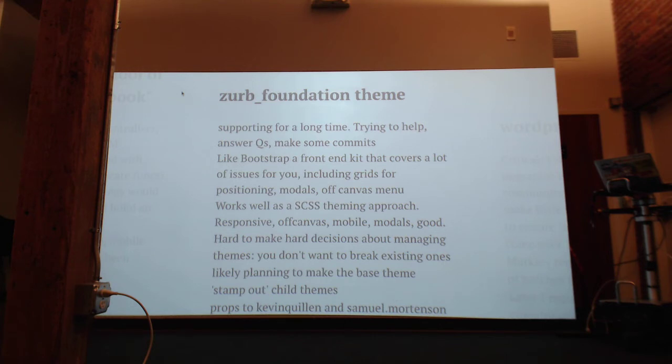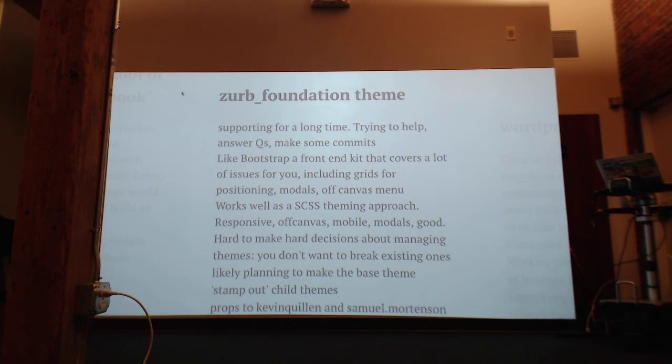So the question for the community here is, it's hard to decide what you should do with a theme and maintaining a theme, because you don't want to screw up people's existing websites. So I think for the future, we want to make ZURB stamp out or create new theme files, use something like Gulp or whatever to make a new set of theme files. Because having dependencies, the way Drupal's traditionally worked is that you have a parent theme and a child theme, but people change the child theme.